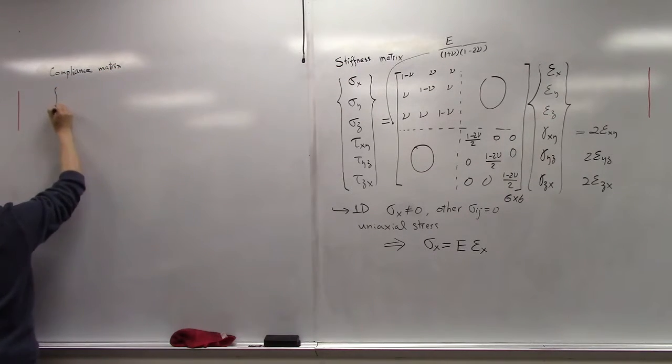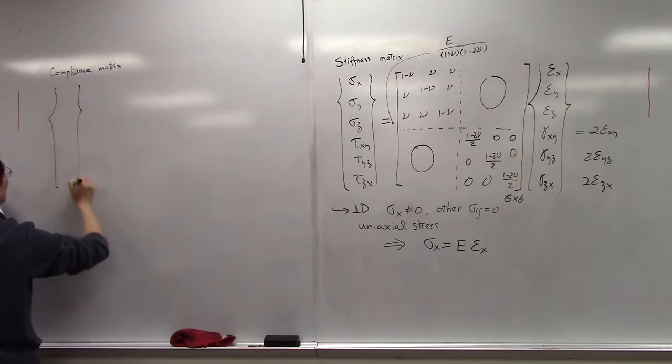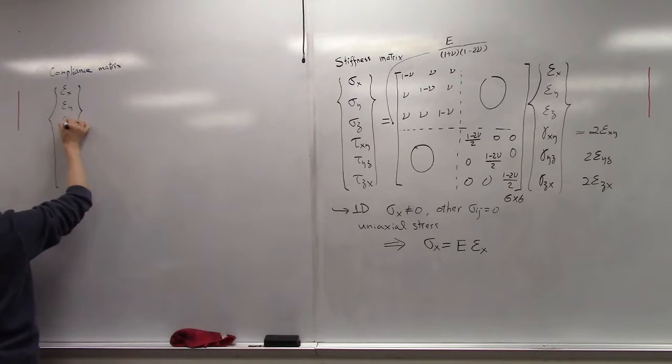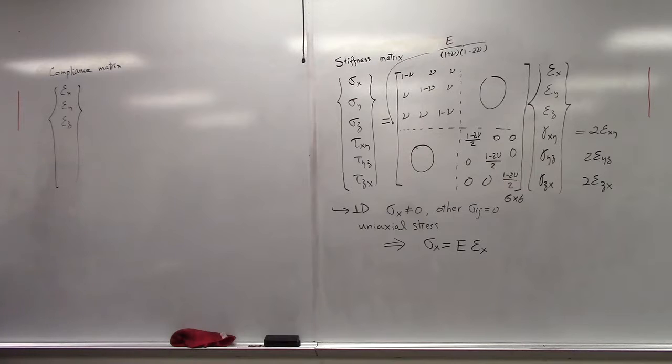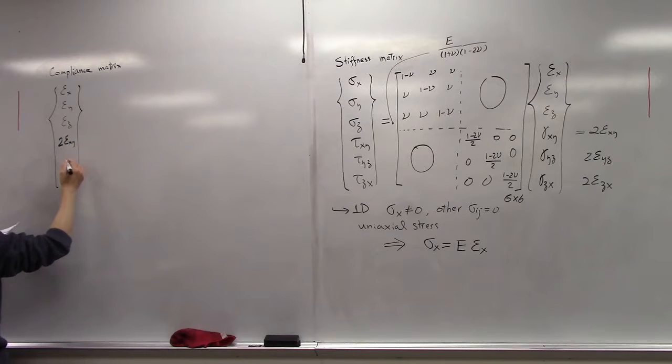Then now we have strains on the left-hand side, so epsilon x, epsilon y, epsilon z. And then now instead of writing gamma xy, I will simply write 2 epsilon xy, which is the same thing as gamma xy. And then 2 epsilon yz, and then 2 epsilon zx.